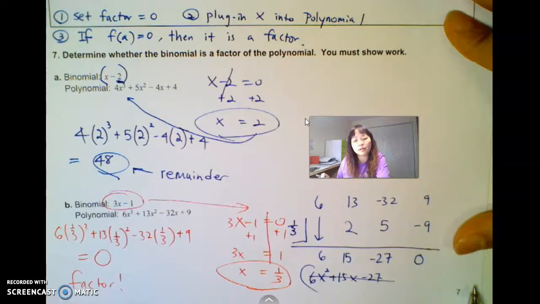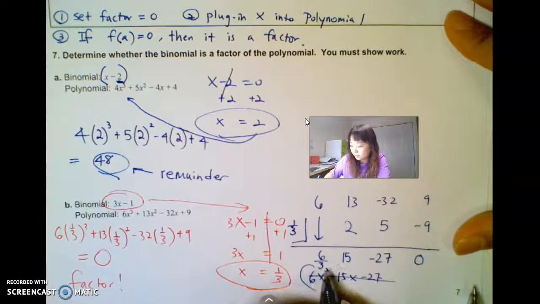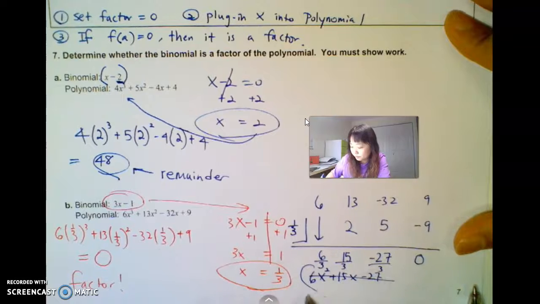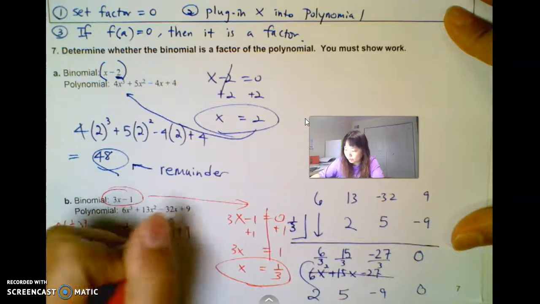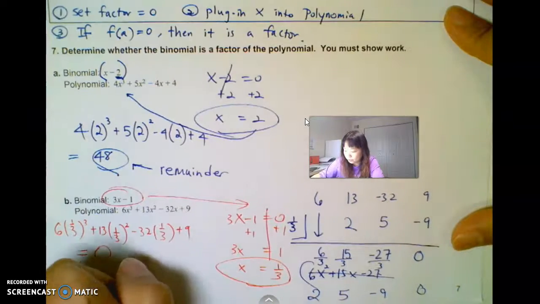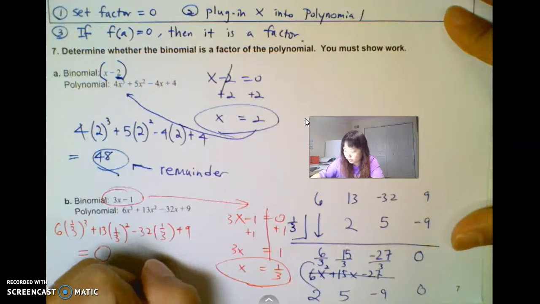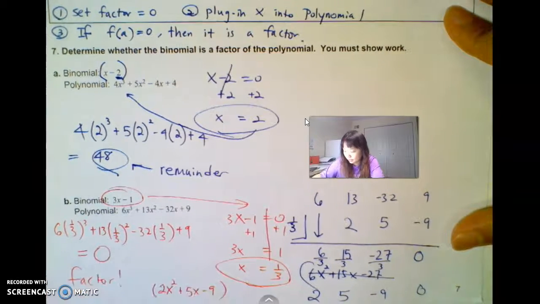Oh, I'm sorry. That's why I did it, because I almost made a mistake. Because of the 3, we need to divide all the answers by 3, remember? So 2, 5, negative 9. And then 0 stays 0. So yes, it is a factor. If you divide the whole thing by 3x minus 1, you would get the answer of 2x squared plus 5x minus 9.